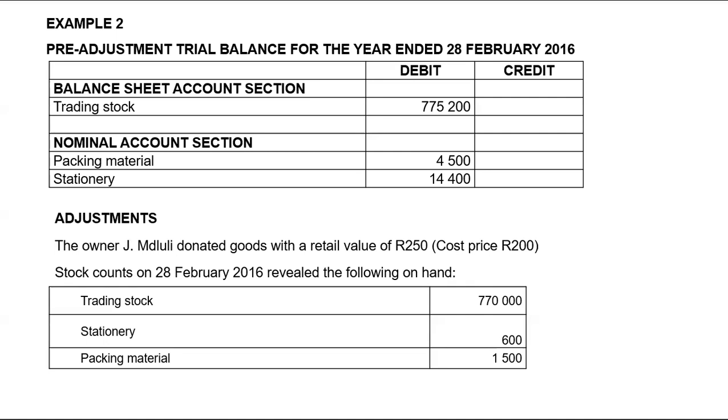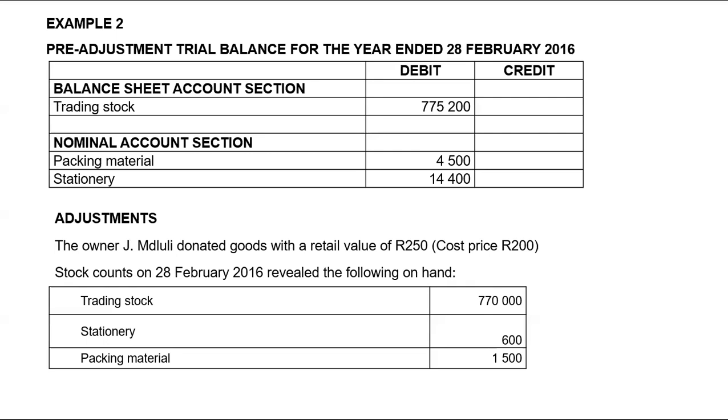Note that this value will affect the cost price of trading stock. How will it affect the cost price of trading stock? It will decrease trading stock that we already have because we will not have 200 Rand worth of trading stock.